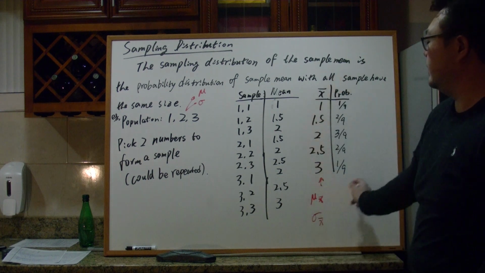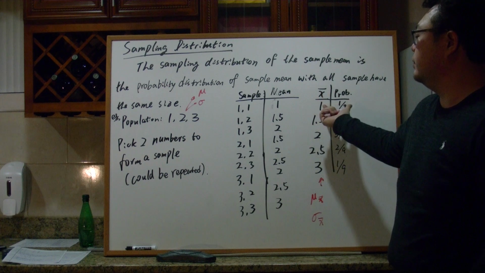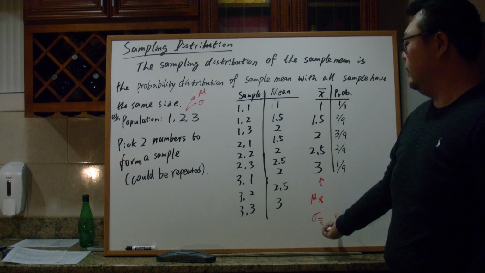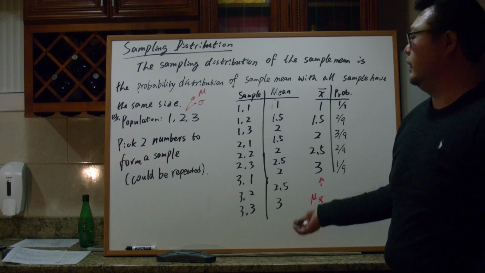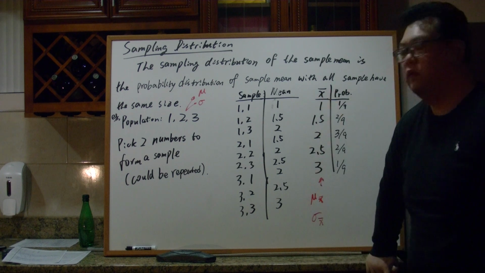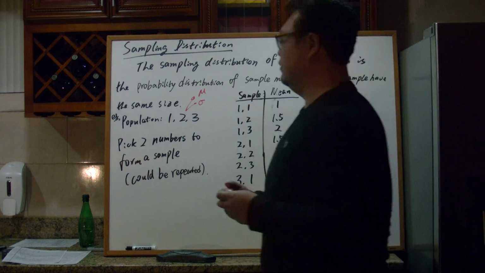If you find the mean and standard deviation of the probability distribution, we also have formulas to do that. Then after that, we'll find out they are related.